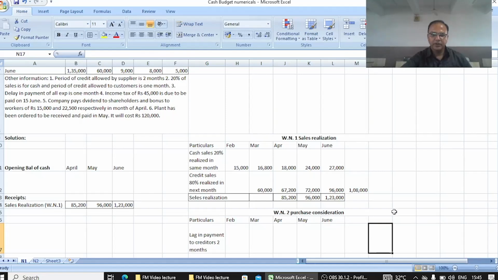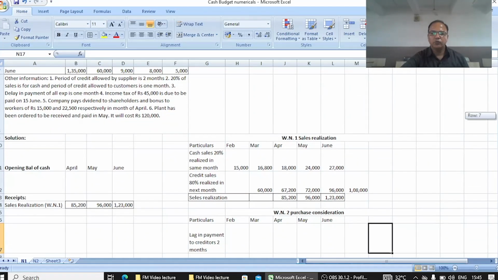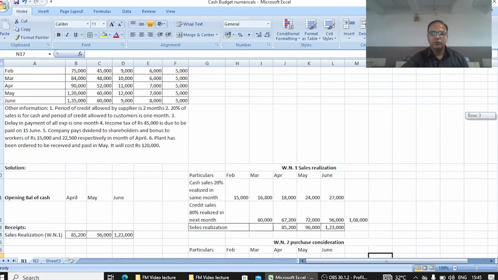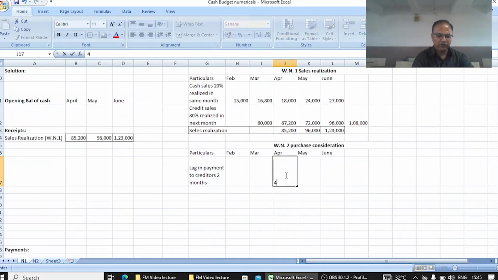It means the purchases which we have done in the month of February will be paid in the month of April. It means 45, 48 and 52.